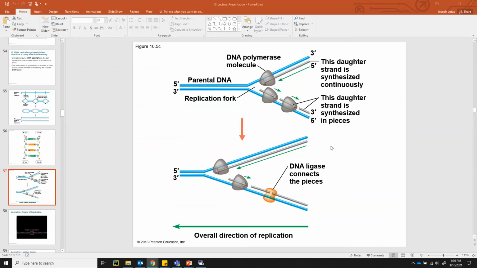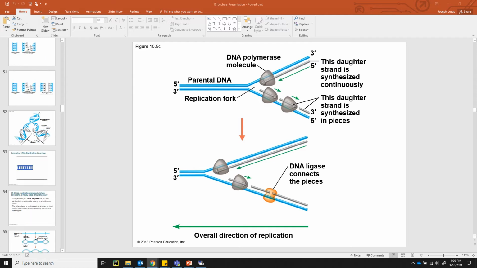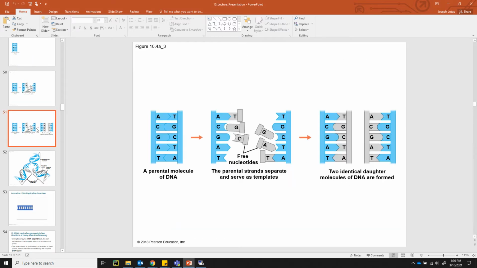So there's two words that I'm going to use here, the word read and the word write. DNA polymerase is reading the parental DNA. What I mean by that is this enzyme is going to look at the parental strand, for example, right here, and say, okay, here's an A. So what do we need?